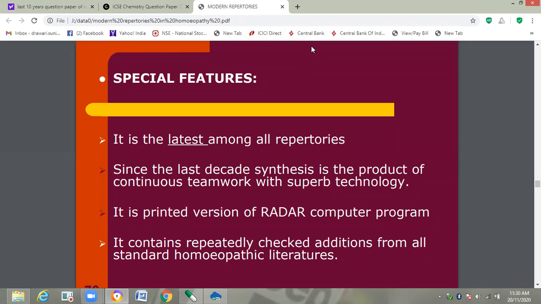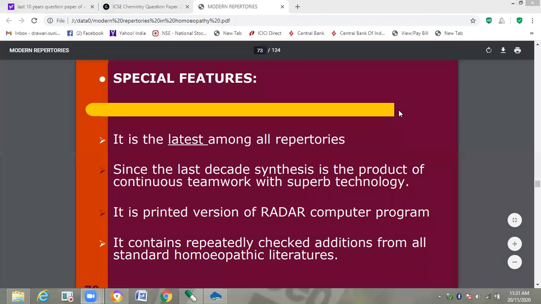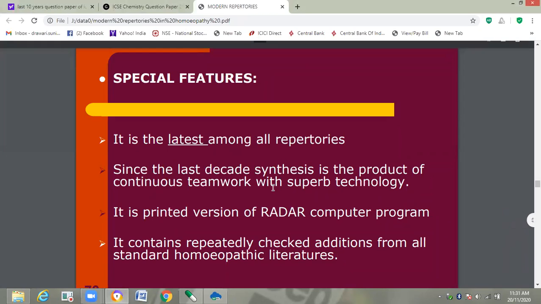The number of medicines is also increased by 209 as compared to the 7th edition. In this way, this is the difference, and we can understand how the medicines, number of rubrics, and number of pages are increasing in each edition.